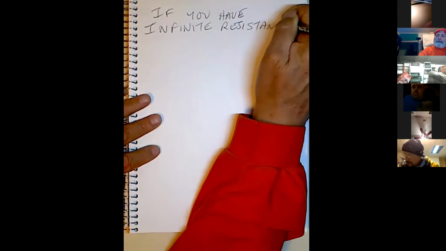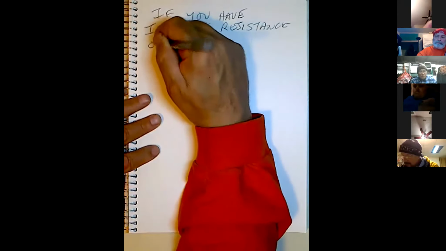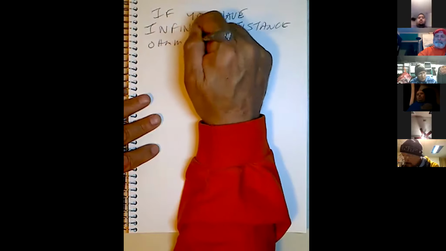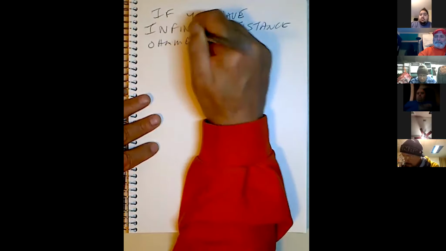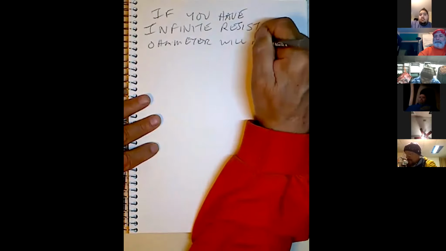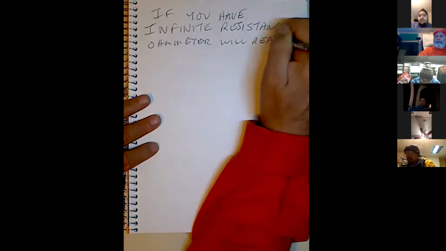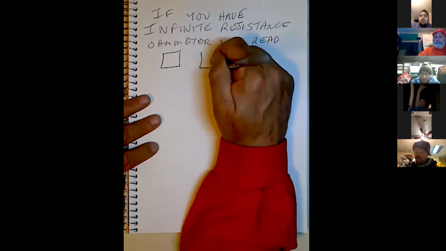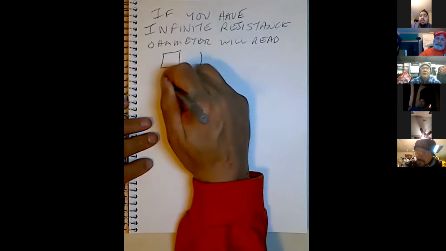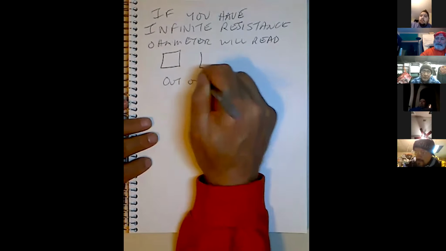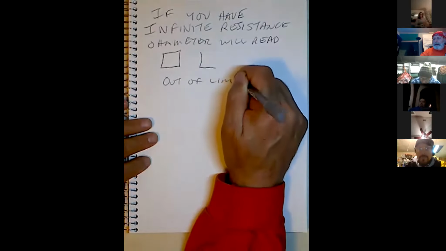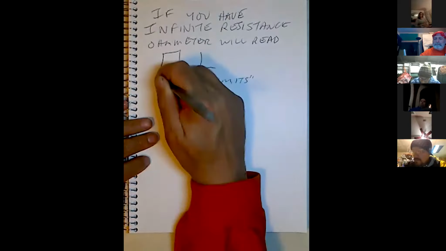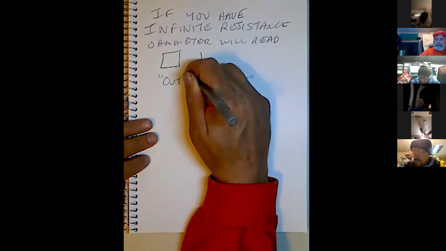If you have infinite resistance, the ohm meter will read OL, which means out of limits. It's so high your meter can't even begin to calculate it or indicate it.